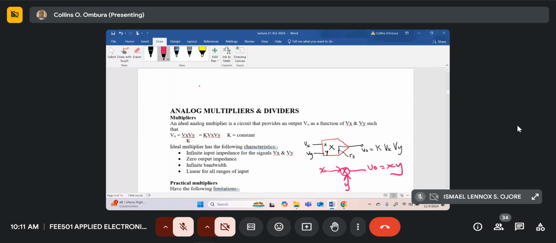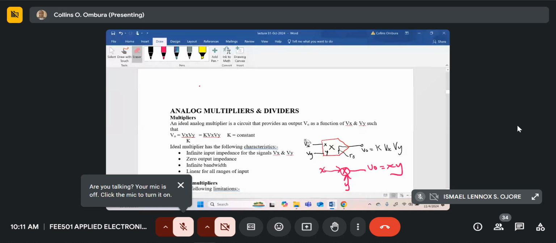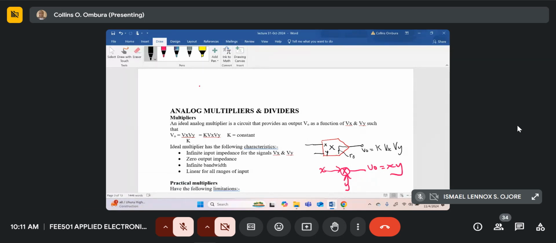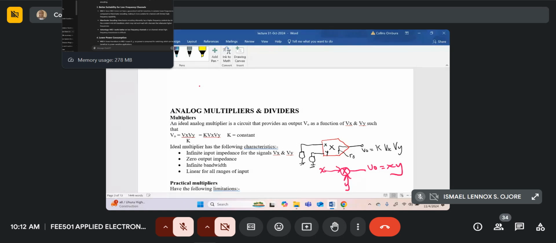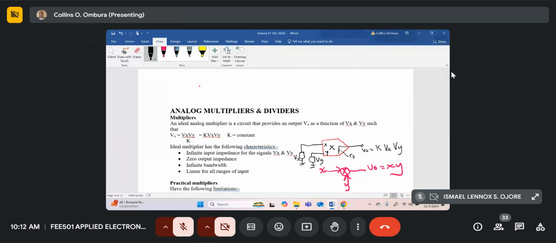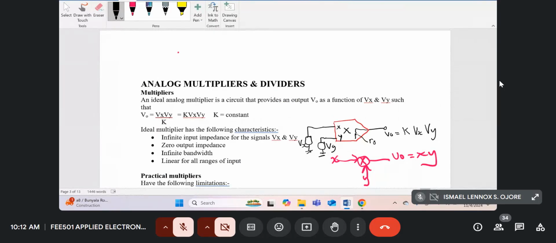So this signal Vx, so those signals are at reference with respect to the Earth.